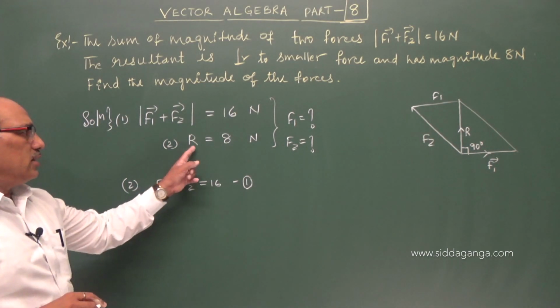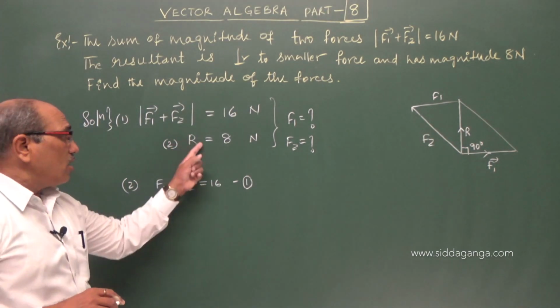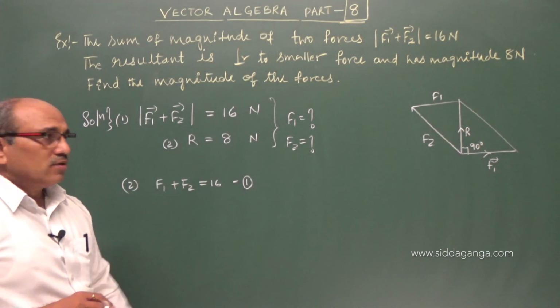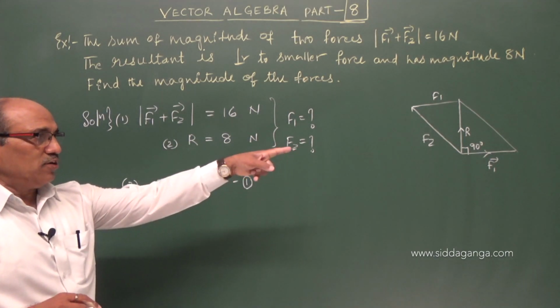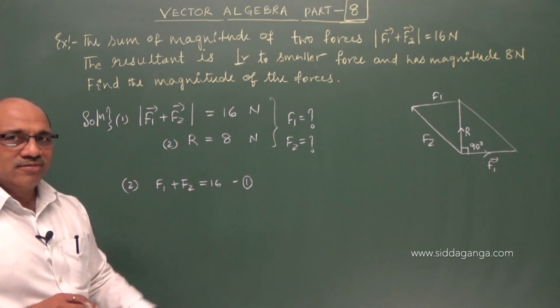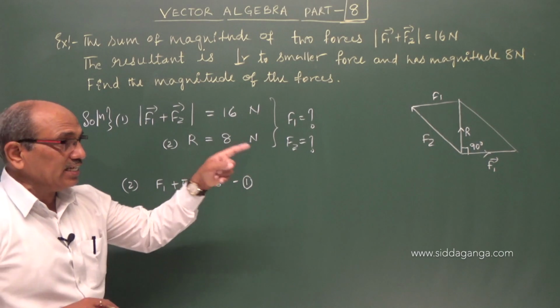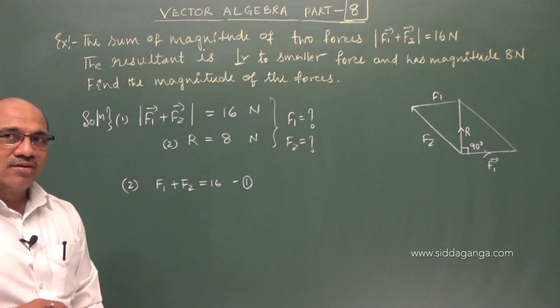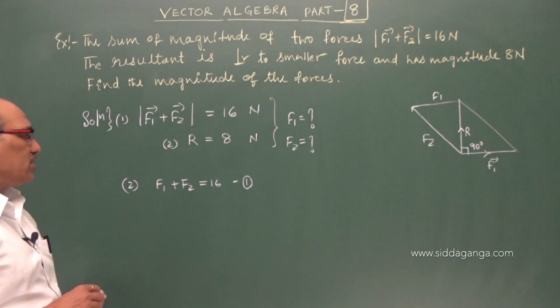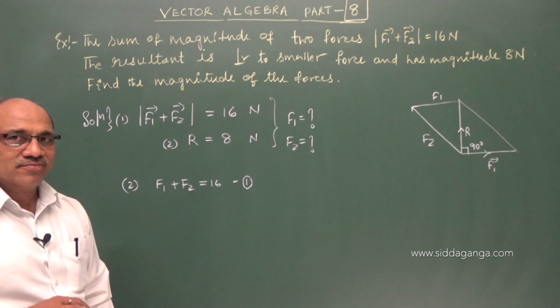So 8 is the R value, and the resultant is perpendicular, giving you the answer. Think here. How can you get the resultant at 90 degrees? Just imagine what best can be obtained from that.